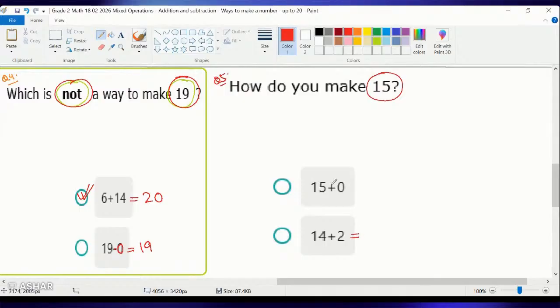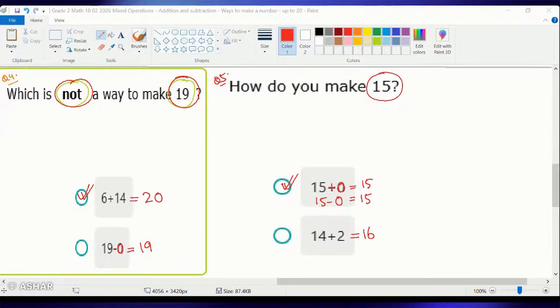We know the rule that whenever 0 is added or subtracted to any number, the answer would always stay the same. Agreed? So if we know which option is correct, we stick to the correct option. We don't worry about the incorrect option. Okay? Do we agree till here? 15 plus 0.